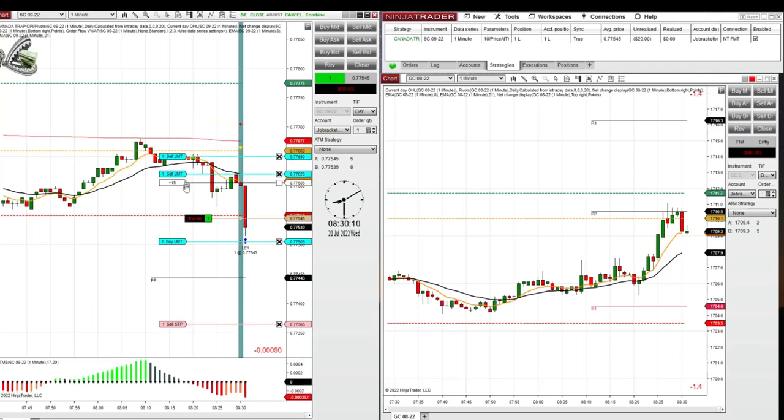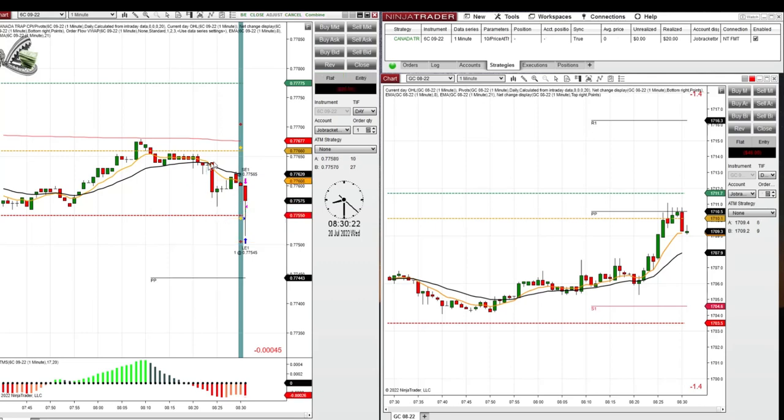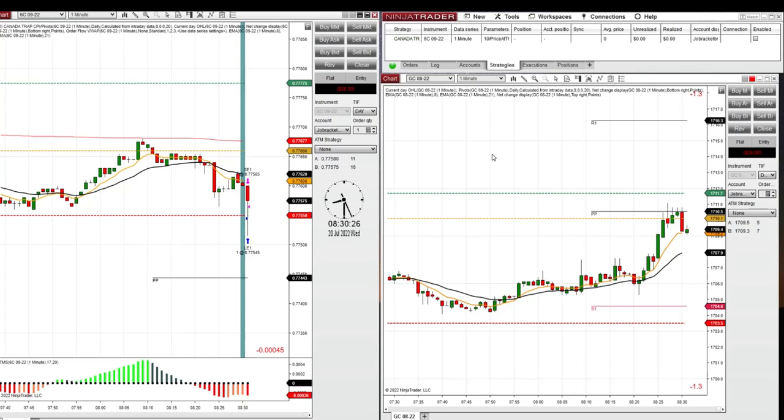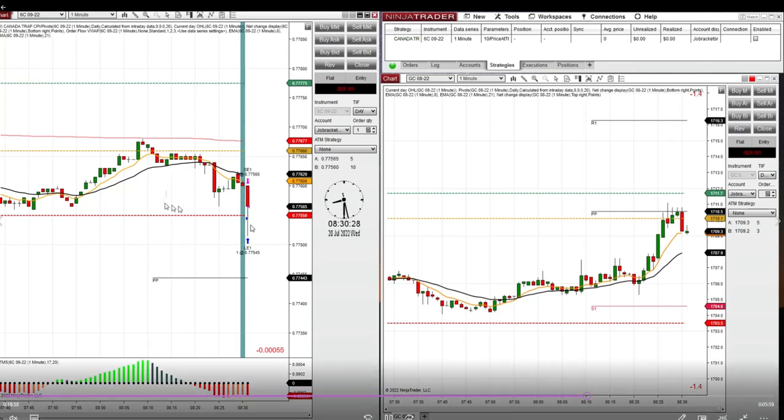Not a very good breakout. And it is low liquidity, the Canadian dollar. Tiny, tiny profit, but the trap trade, let's see what the price does here.